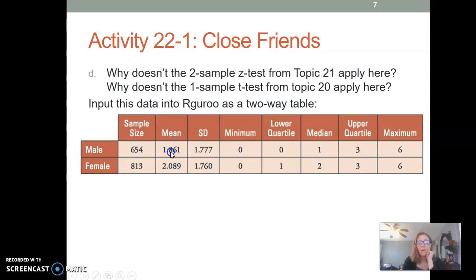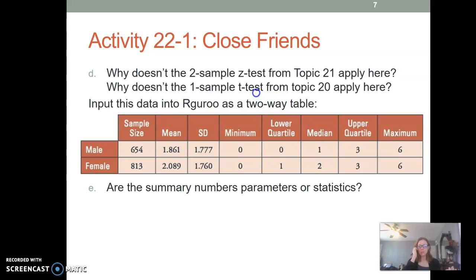Here's the mean for each of those and the standard deviation, and then our 5-number summary over here as well. So first question, are these numbers parameters or statistics? Well, these are statistics because they refer to the sample. I'd like to make an inference about the whole population, but these numbers are statistics.